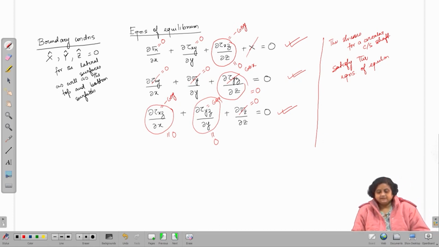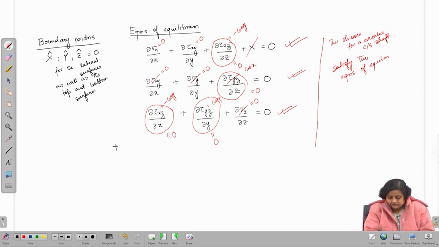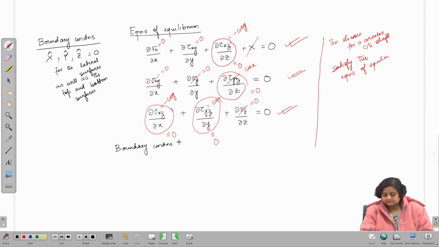So, let me write down the boundary conditions for the lateral surfaces and see whether it is satisfied. So, what is the boundary condition?